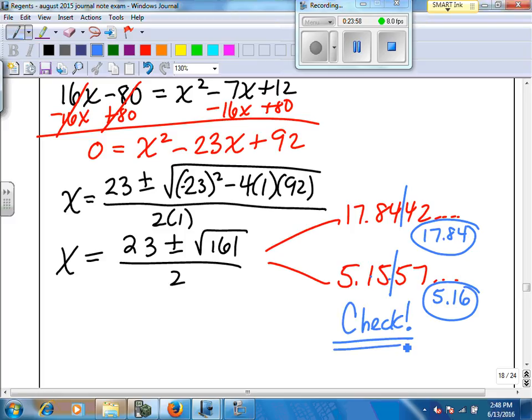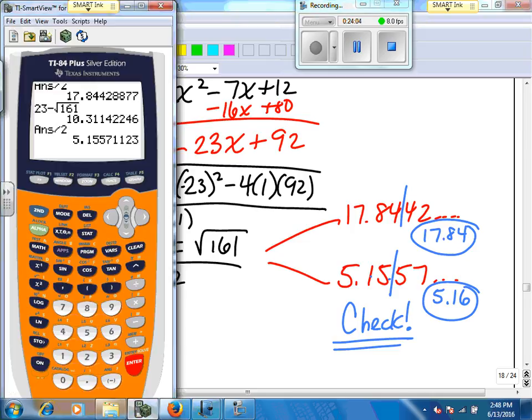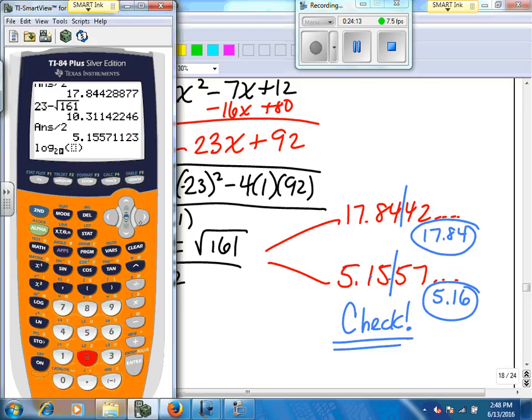But we need to be sure to check. You can't take the log of anything that's negative. So luckily for you guys, you have a log base button on your calculator. I'm not going to do both values, but I'll do one of them. So the first thing, math, press up, go to log base. Log base 2 of x squared minus 7x plus 12.